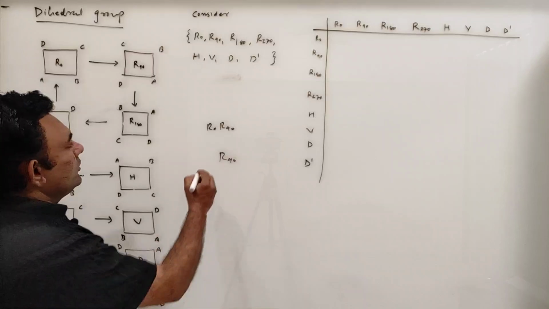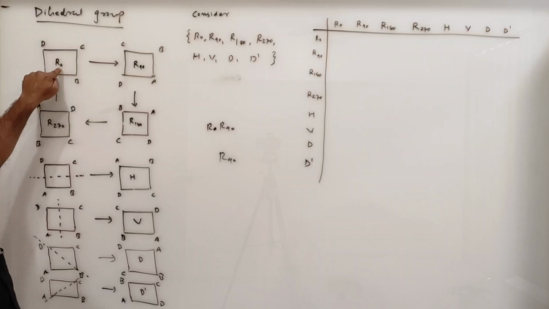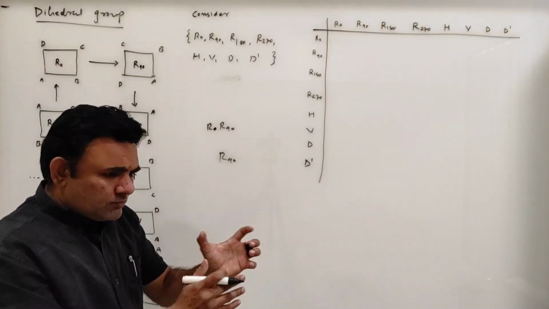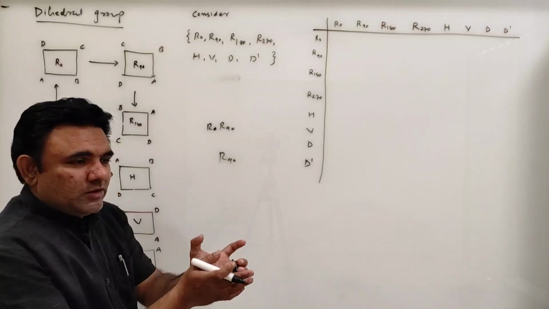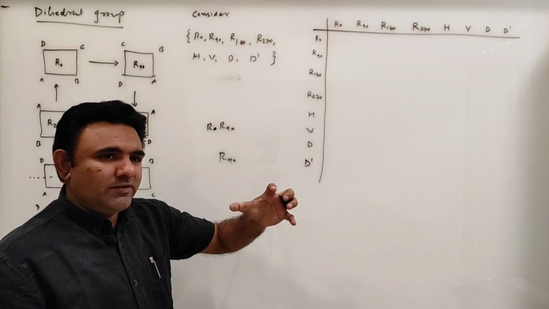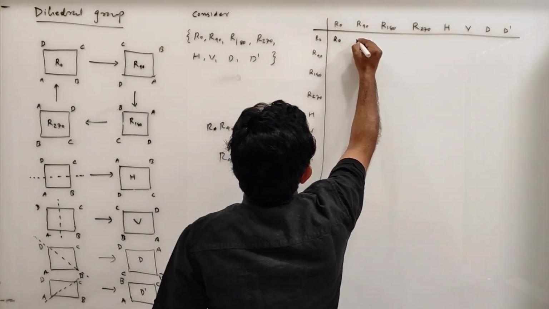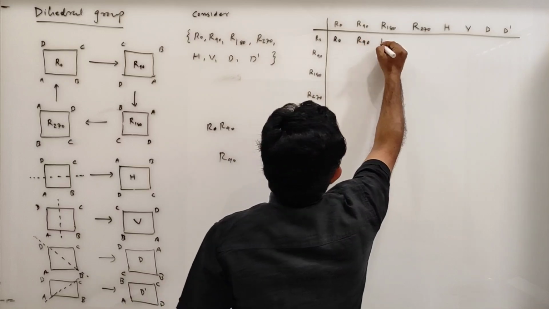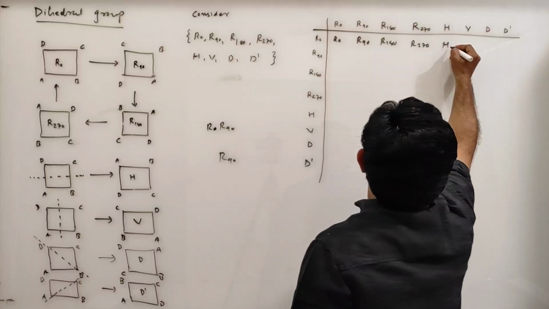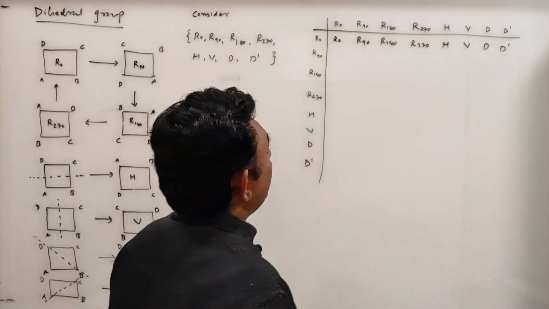R0 stands for 0-degree rotation, 90 means 90-degree rotation. So if you give a 0-degree rotation to this square, then it will be as it is, right? So R0 row is R0, R90, R180, R270, H, V, D, D dash. Correct?